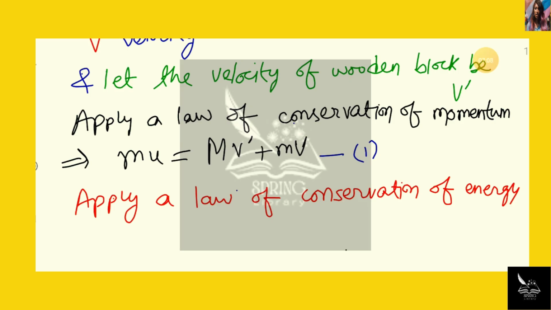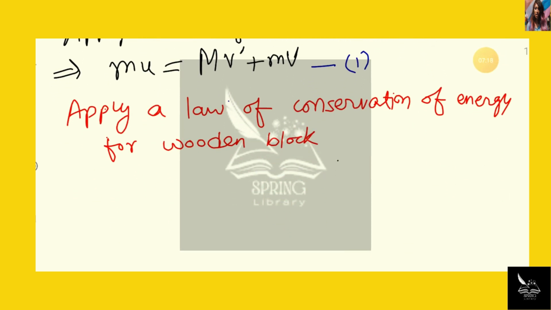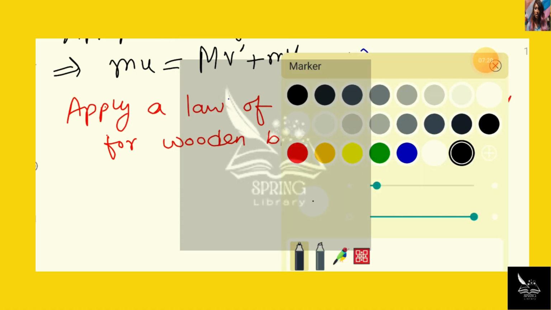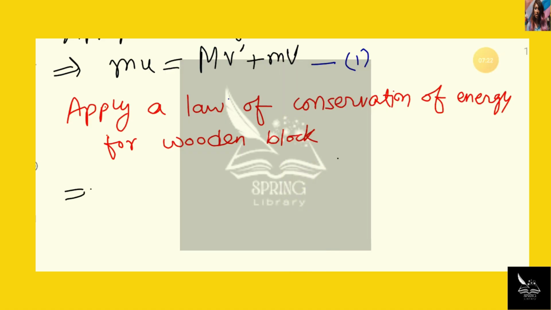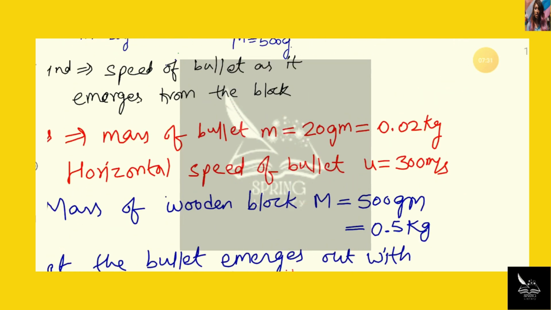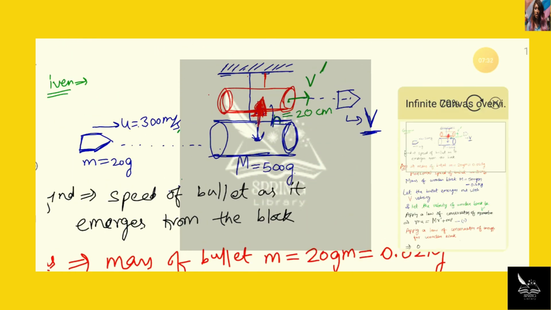For the wooden block, the left side will be written as the change in kinetic energy, which will be equal to potential energy. Initially the kinetic energy is 0, because you can see that the wooden block is initially at rest.